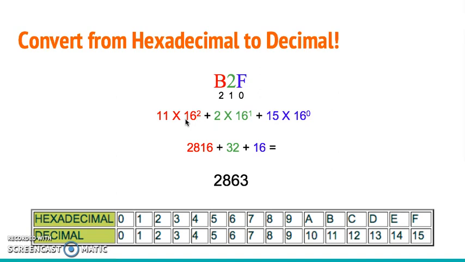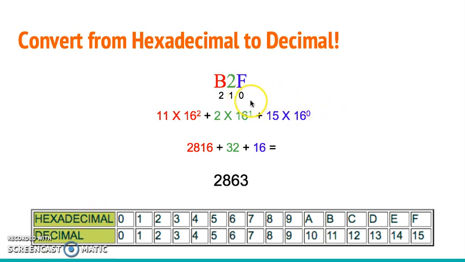So, let's start with the rightmost digit, F. We go down and we convert F to a decimal number, 15, as you can see right here, and we multiply it by 16, the base of hexadecimal, to the power of the spot, which is 0.